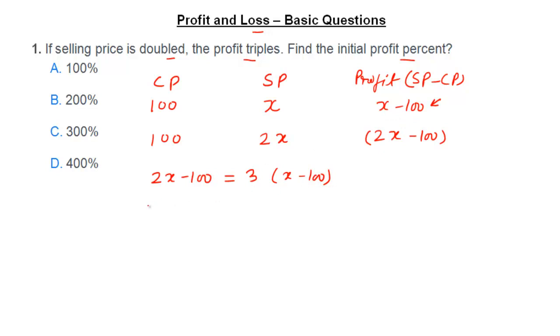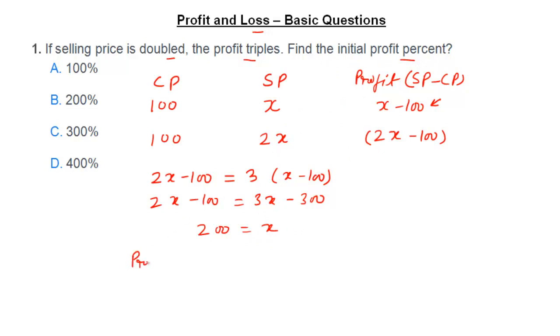So this is the equation, and with the help of that I can further write 2x minus 100 is equal to 3x minus 300, or x is equal to 200. So the selling price I got initially was 200. The question is to find the initial profit percent.